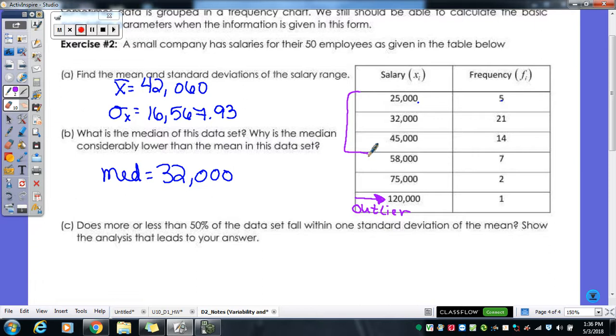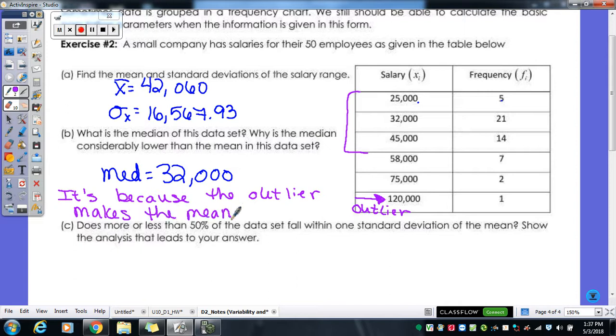So when they ask you why is the median considerably lower than the mean, it's because the outlier makes the mean inaccurate. So what that outlier does is when you actually go to calculate your average, it makes all of those values considerably higher. However, when you're trying to find your middle number, which is your median, that's not going to change. That's still going to be right pretty much where everybody is.